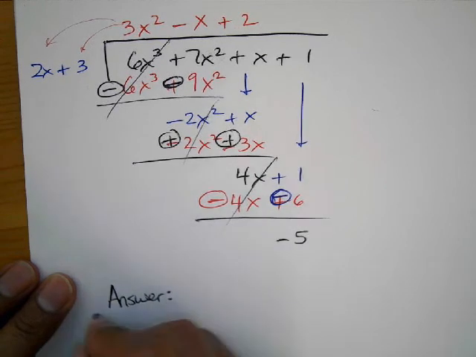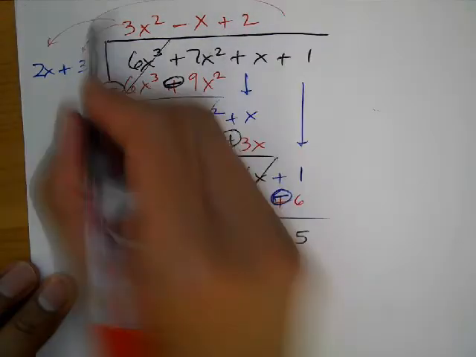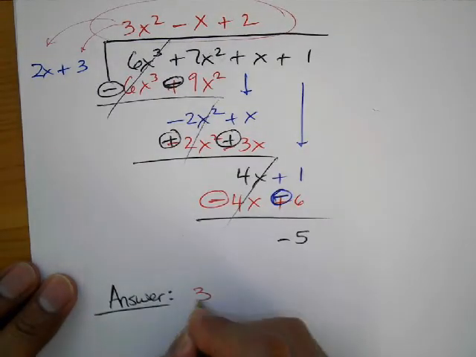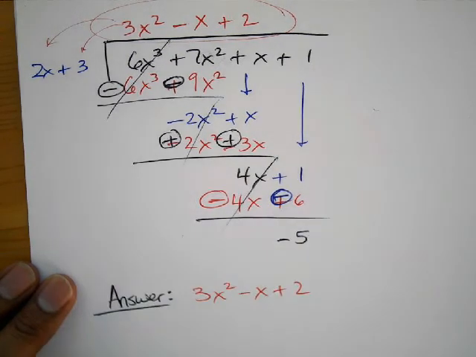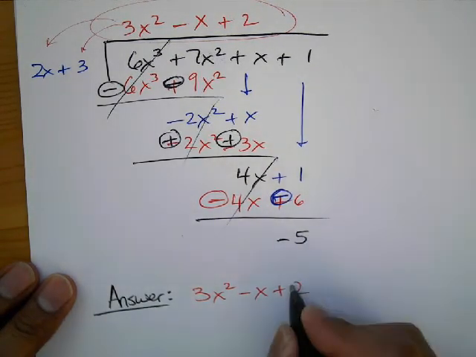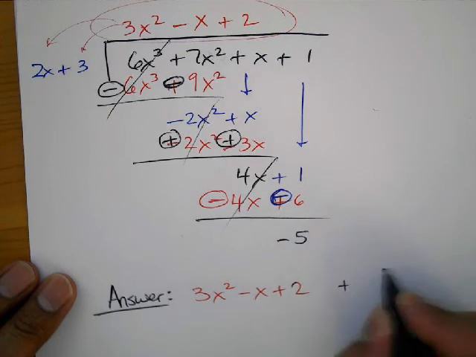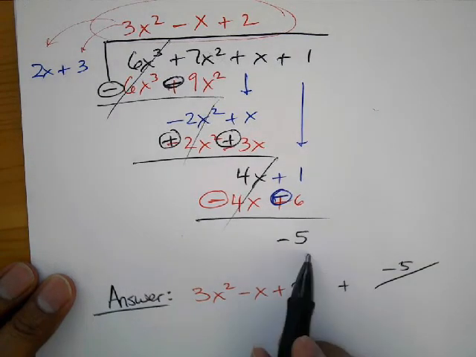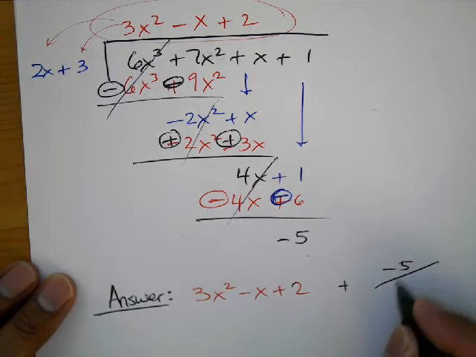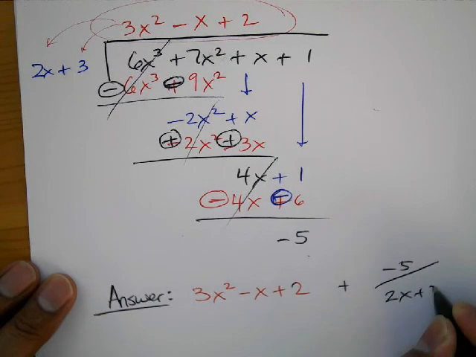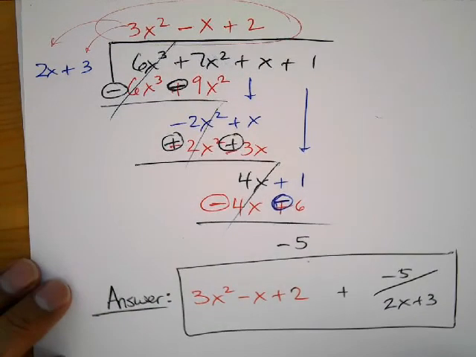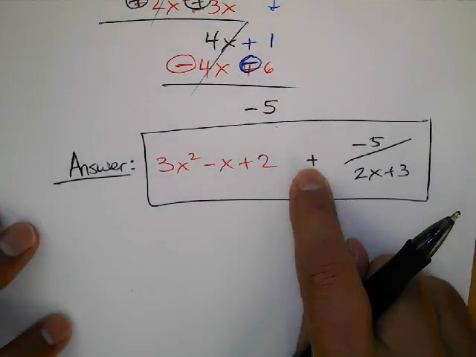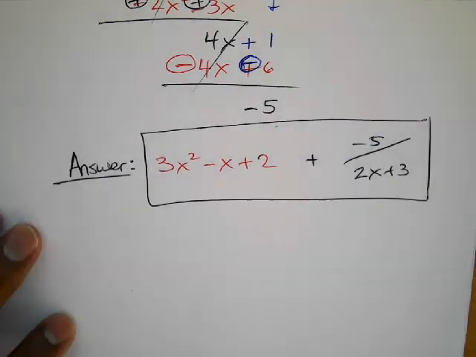Okay, so how do we write the answer here now? Remember, the answer will be like this. It'll be your quotient, 3x squared minus x plus 2, and when you have a remainder, you have to put plus negative 5 over the divisor. That's one acceptable way, but watch. This is how they're going to try to fool you here.